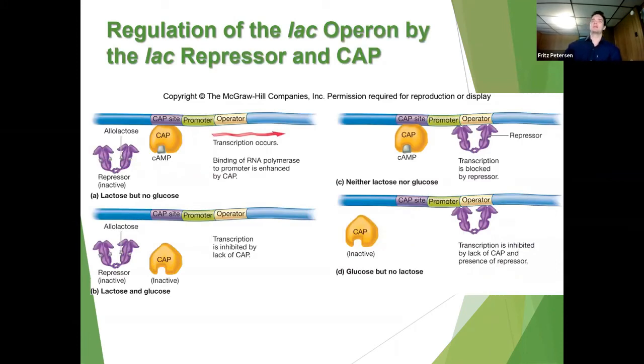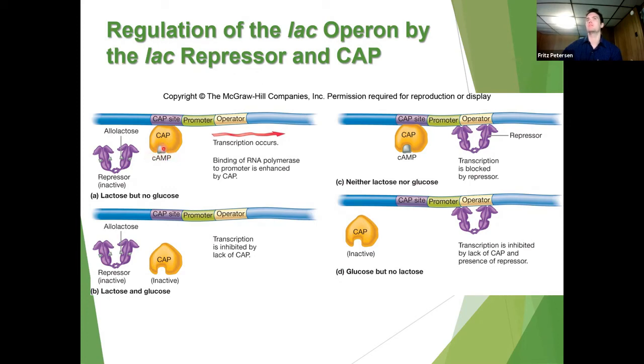So looking at what this means for the microbe in the instance when lactose is present but there's no glucose, looking specifically at the lac operon, lac repressor and CAP. Here you can see the CAP is bound to the CAP site, and the cAMP molecule is present because there is no glucose, so that phosphate from that cycle is now available and cAMP can be produced.